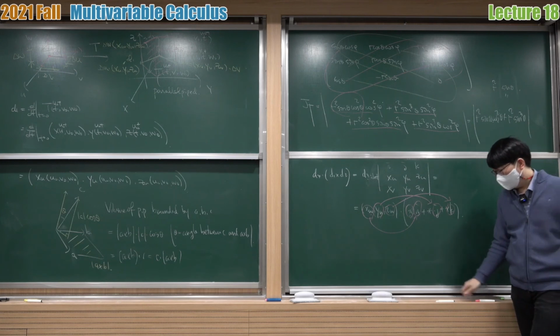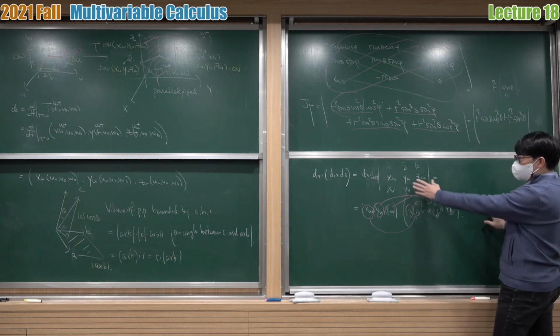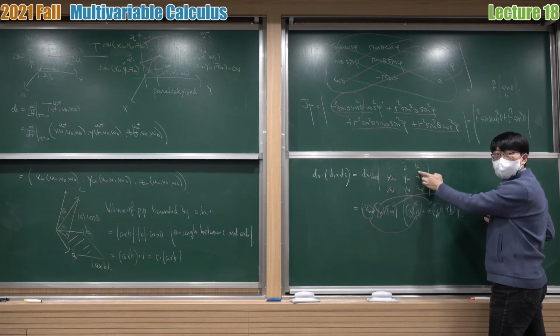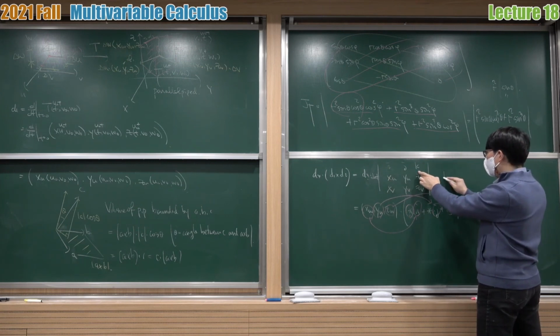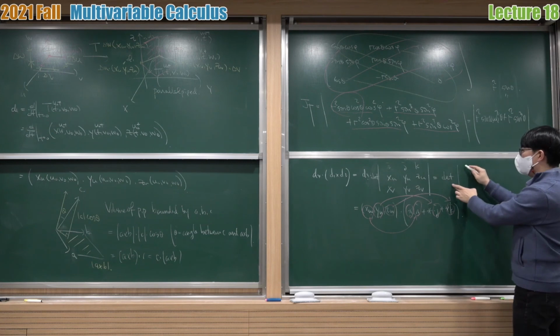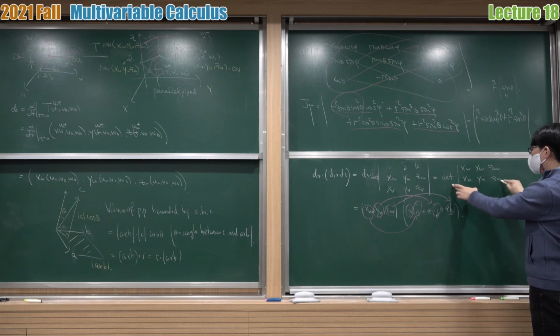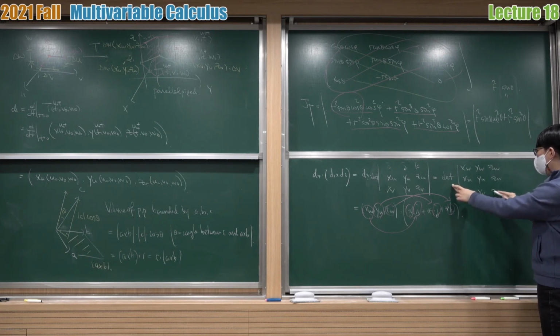So that's the same as taking these three components on the first row of this 3 by 3 matrix. So this equals the determinant of this 3 by 3 matrix: xw, yw, zw, xu, yu, zu, xv, yv, zv.